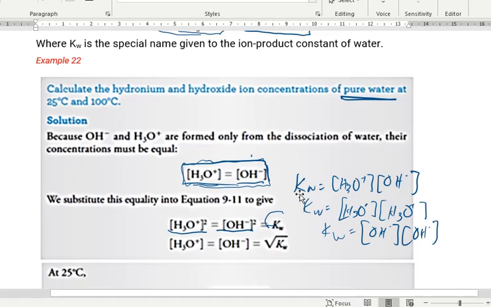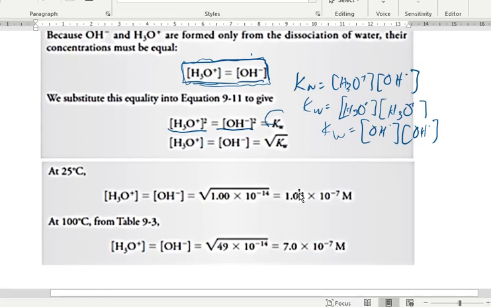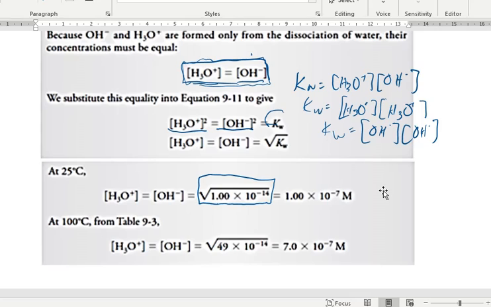Now, at 25 degrees Celsius, ang Kw for water is 1 times 10 to the minus 14. This value is taken from the appendix of the book. So, given dyan siya. Ang imuha ra gyud is if you know unsa ang need nga pangitaon nga constant nga given nga naa ra sa appendix, okay?